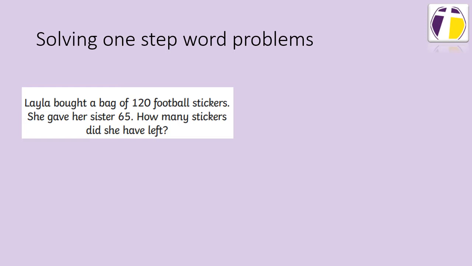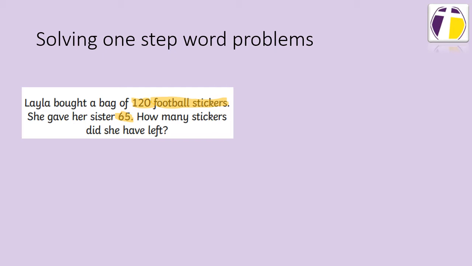So start off with, we've read the question and now we need to look at what the key numbers in this question are. I know that one of the key numbers is 120 and the other number is 65. Making sure that we know that in this question we are talking about football stickers.